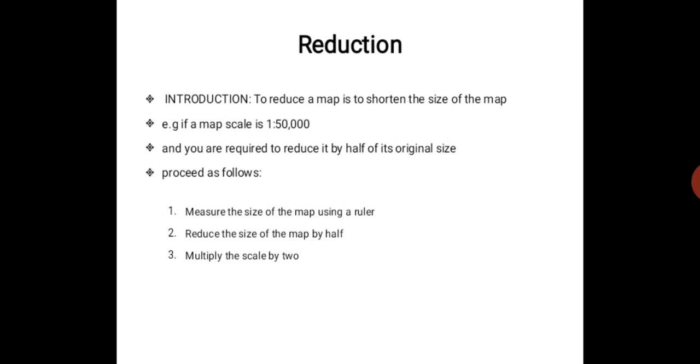And I told you earlier that labeling is very compulsory. The map must have a title. The measurement you have obtained must be fixed on the portion drawn, and you label the map accordingly.